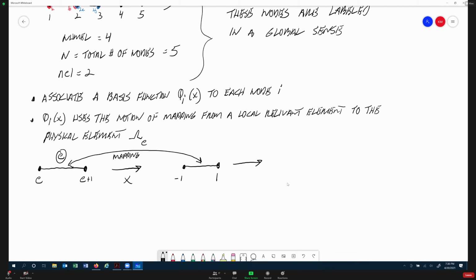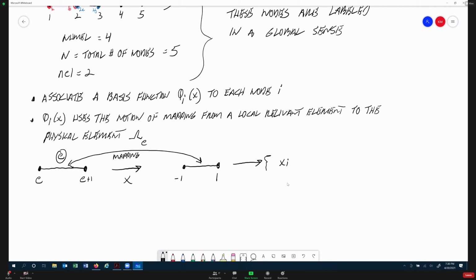It's xi, that's the Greek letter, the lowercase xi.